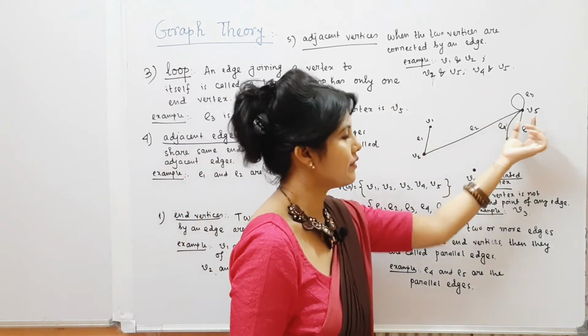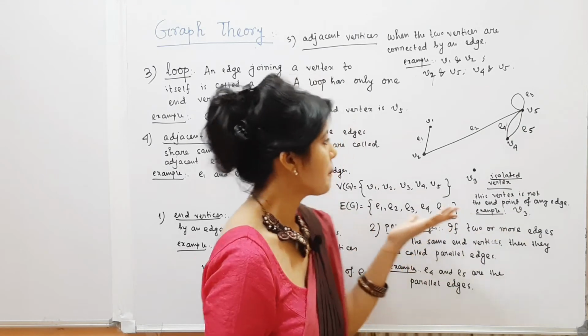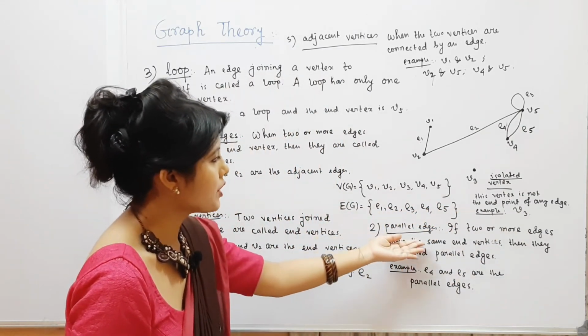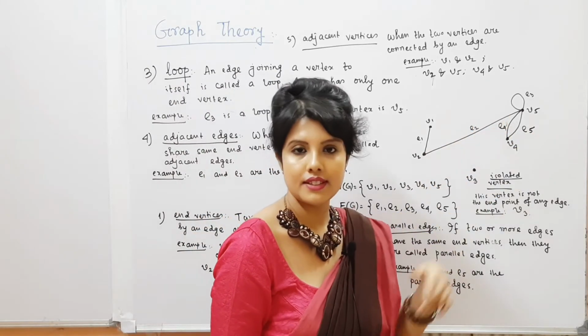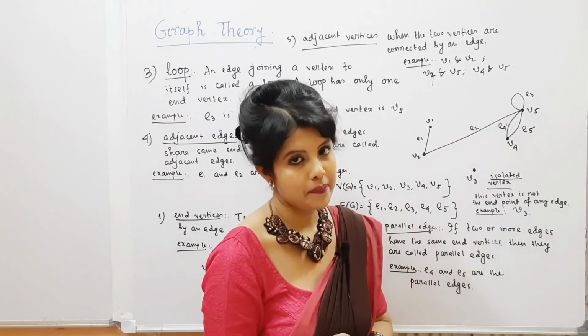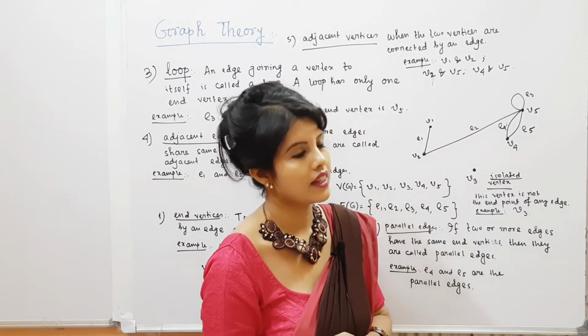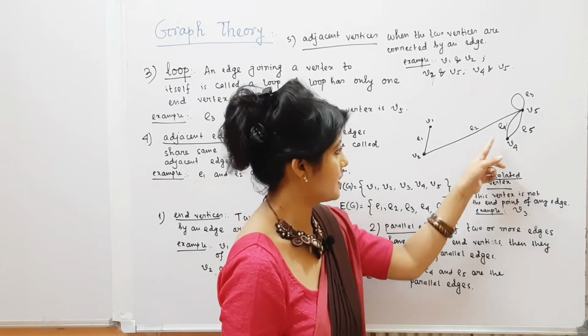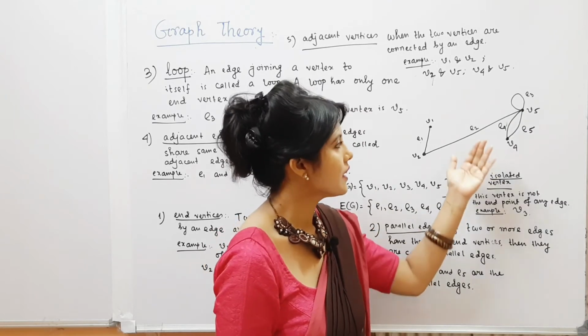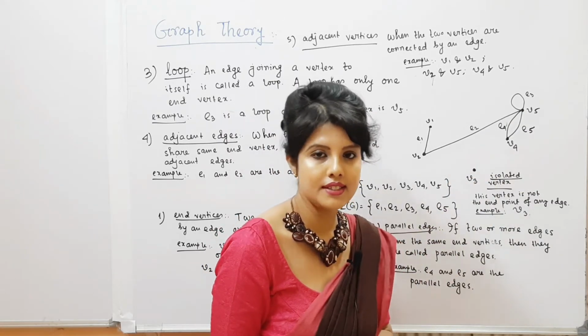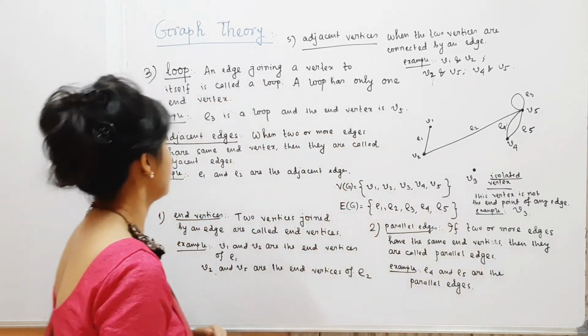Similarly, V2 and V5 are the end vertices of E2. Next, coming to the parallel edges, that is if two or more edges have the same end vertices, then they are called the parallel edges. That is, these two edges are parallel, E4 and E5, because they have the same end vertices V4 and V5.